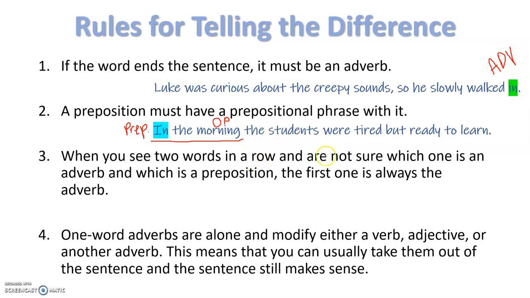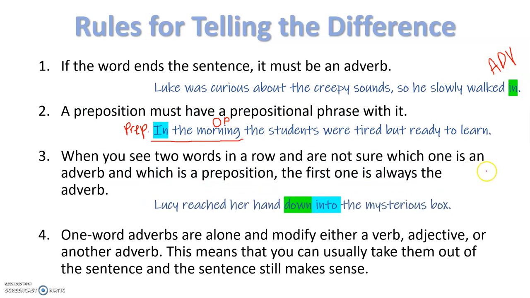Rule number 3, when you see two words in a row and are not sure which one is an adverb and which is a preposition, the first one is always the adverb. Lucy reached her hand down into the mysterious box. So here we have two words next to each other, down and into, that could really fall into the preposition category or the adverb category. But if we follow this rule, we see that the first one is the adverb.